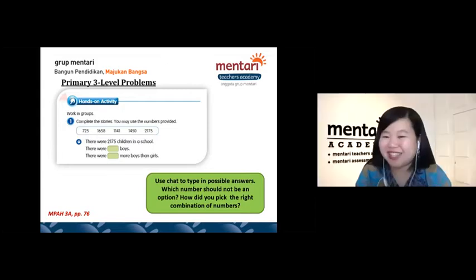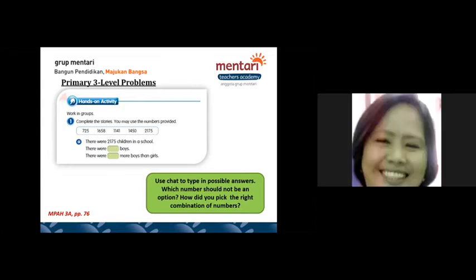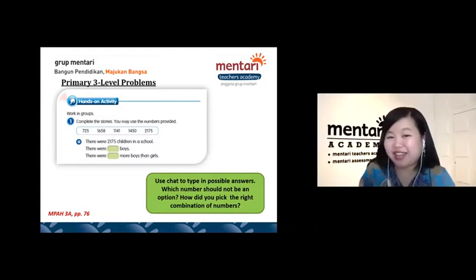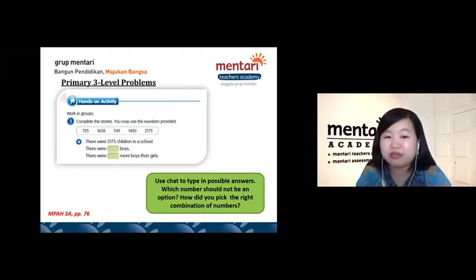Sorry. Yeah, it's okay. I'm guessing that many of you are probably trying out these numbers, right? Trying out the number combinations and seeing which one works. I think our students are likely to use the same approach in this case because there are 5 different options available.